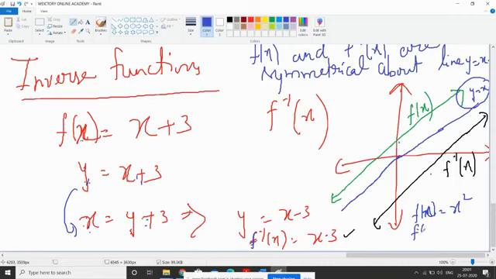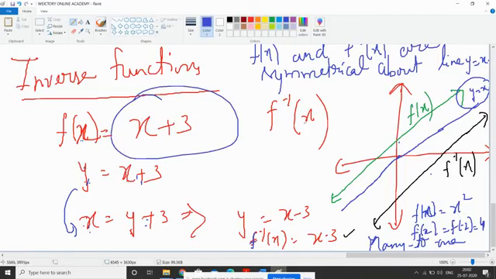Because at x is equal to 2 and x is equal to minus 2, you will get the same answer, which is 4. So this is called many-to-one. The inverse is not defined for a many-to-one function. The inverse is only defined for a one-to-one function like f(x) is equal to x plus 3.